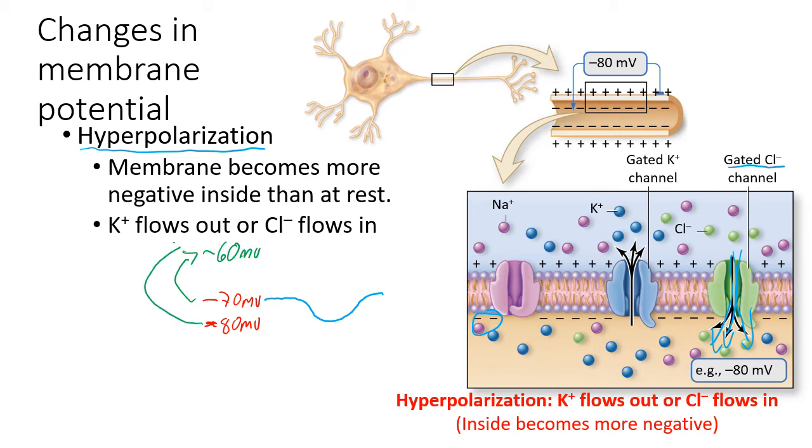Now we have to have a change of 20 millivolts. And so we're going to have to move, in a sense, 20 more ions of sodium into the inside of the cell in order to get that depolarization to the point of threshold, so we can have an action potential.